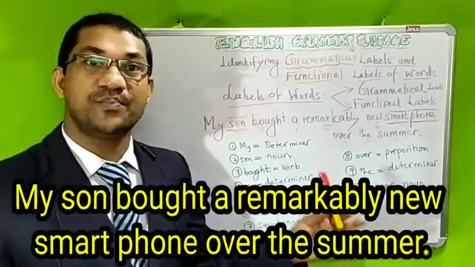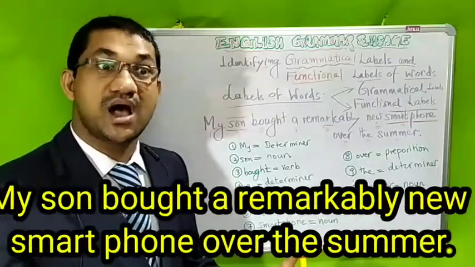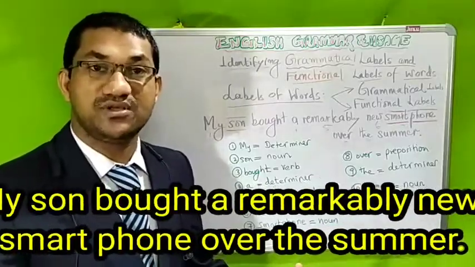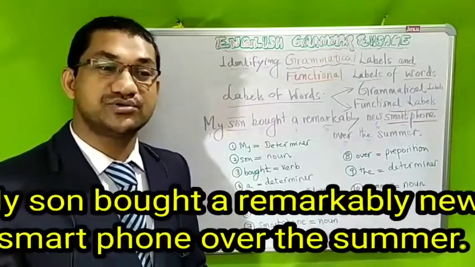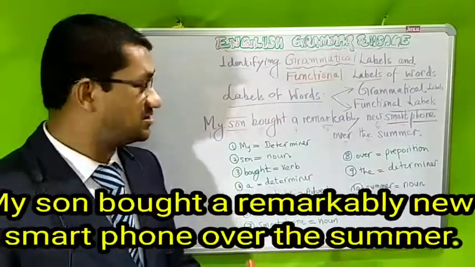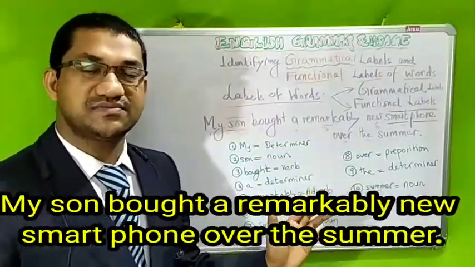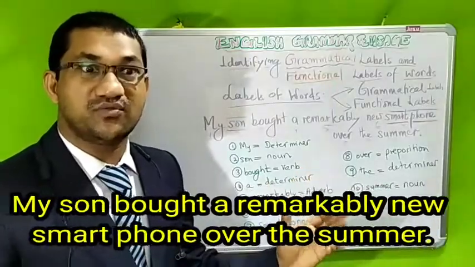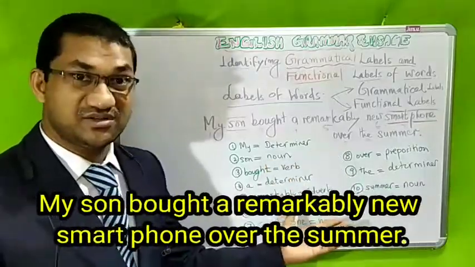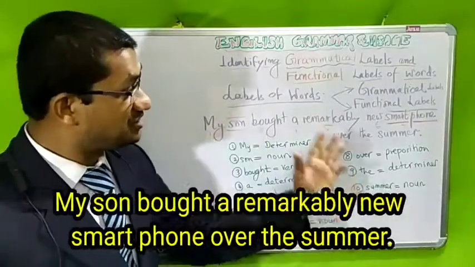"Summer" is a noun. So this way we are scanning a sentence and looking at the labels of the words in a sentence, and this process is what is known as scanning. We are scanning a sentence from left to right, and based on the form, we can find out what the sentence is made of. And we know that we have grammatical labels.